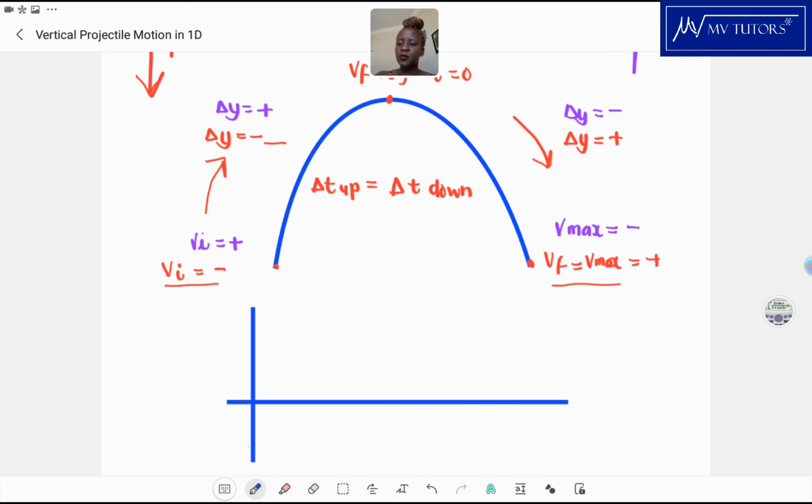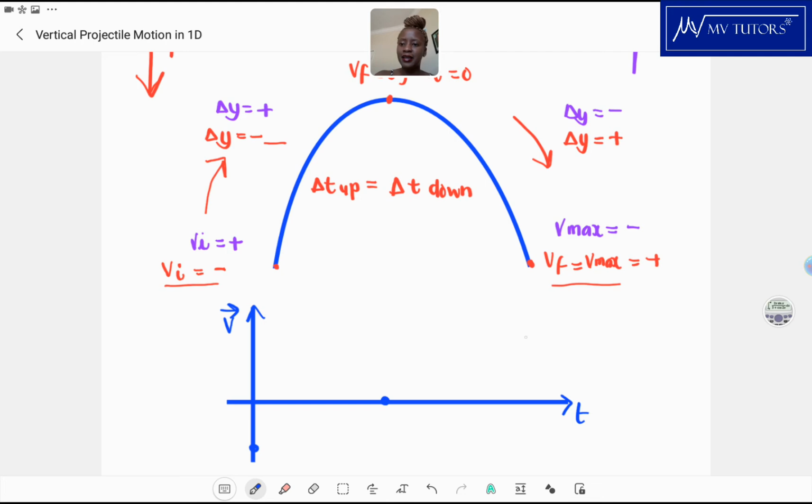So it starts wherever it starts, right? I'm just going to align it with this, okay? And then it reaches its maximum here, maximum displacement, but maximum displacement means 0 for velocity. So it's somewhere there, and then again it goes down. So downwards we took as positive, so it should be there on the positive side.